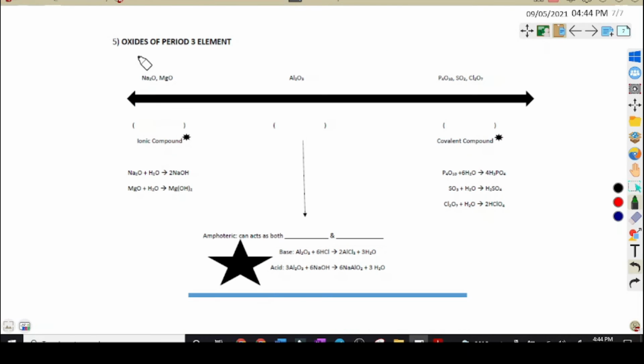The last thing in chapter 3 is to know the oxides of period 3 elements. For the metals, sodium and magnesium will form a basic oxide. Because when sodium reacts with H2O, it will form sodium hydroxide.